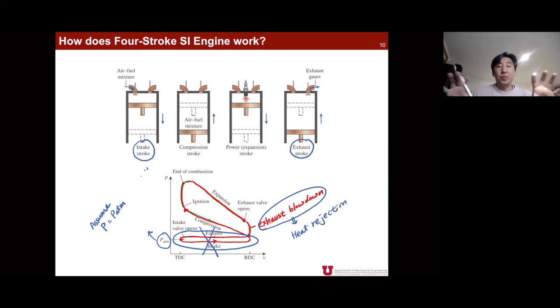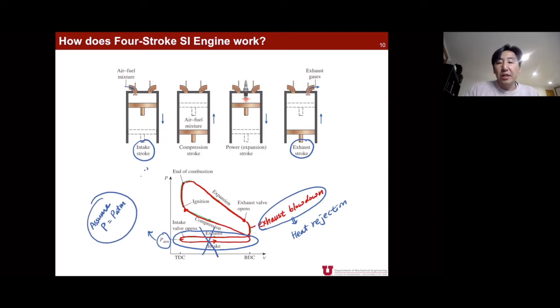But during this exhaust blowdown process, we have heat rejection. Okay, so there are two big assumptions in order to simplify the entire real processes of this four-stroke SI engine to an ideal thermodynamic cycle. We call that ideal thermodynamic cycle for the four-stroke SI engine the Otto cycle. And the ideal Otto cycle is based on these two big assumptions. We don't worry about exhaust and intake stroke, by assuming that those processes have the same atmospheric pressure.